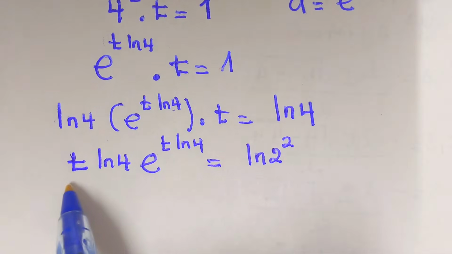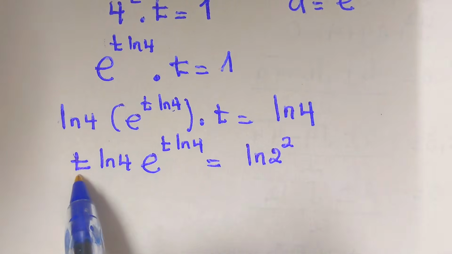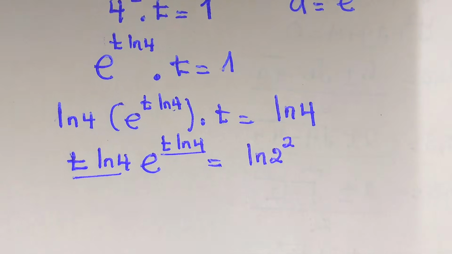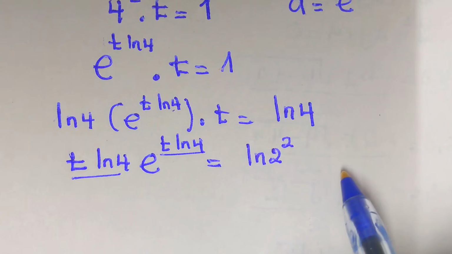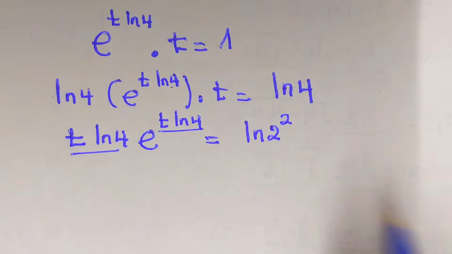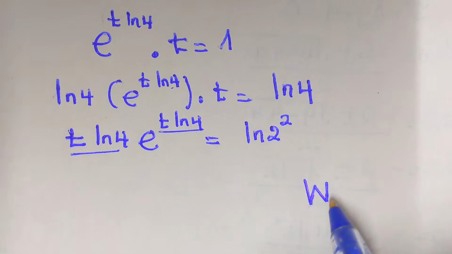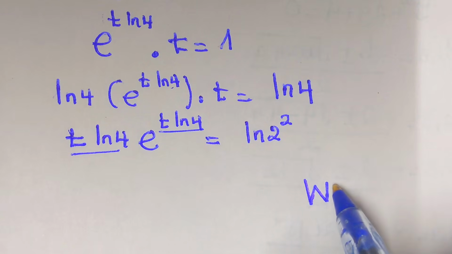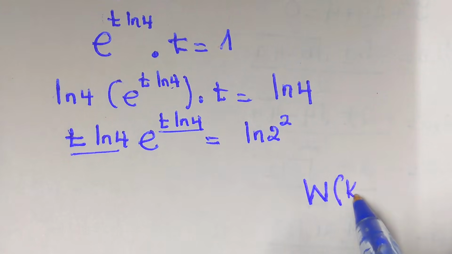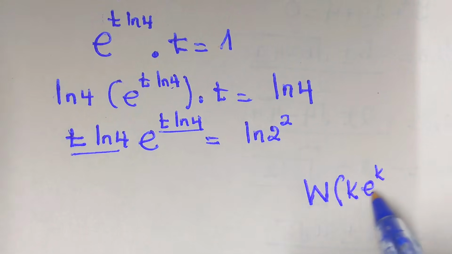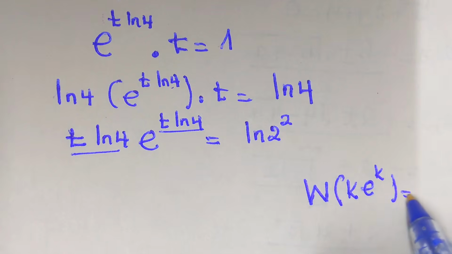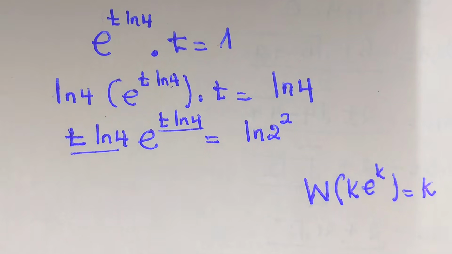At this stage, if you see, this one is the same as this, so we can apply the Lambert W function. We say Lambert W function of k e power k, these are the same, equals k.